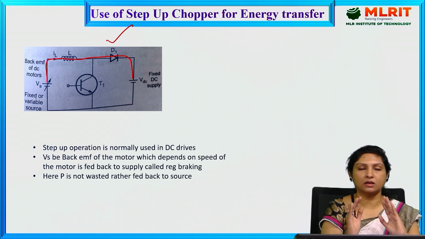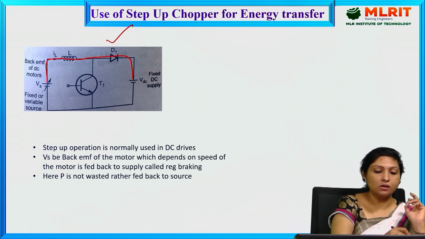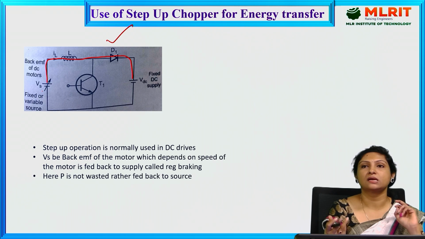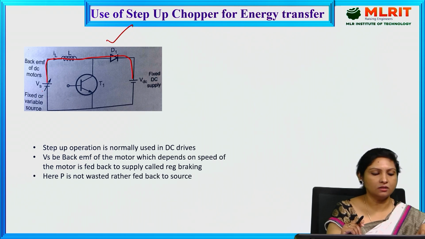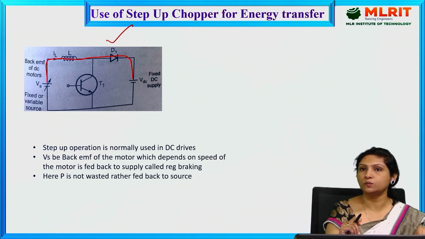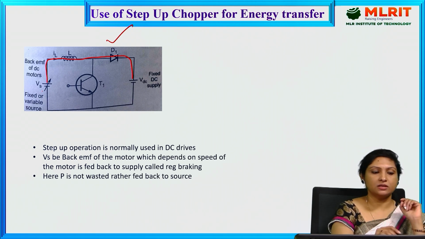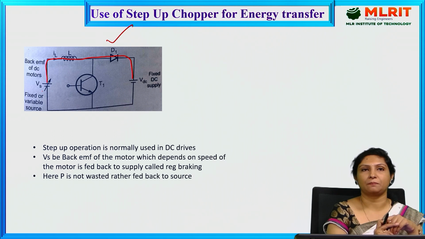I mean, the current is fed back from the load to the source, and this process we call regeneration. Let us assume this is the back EMF of the motor, and when the speed of the motor is less, at that instant when we are applying the brake to the motor, whatever energy is stored in the back EMF will be actually fed back to the supply.